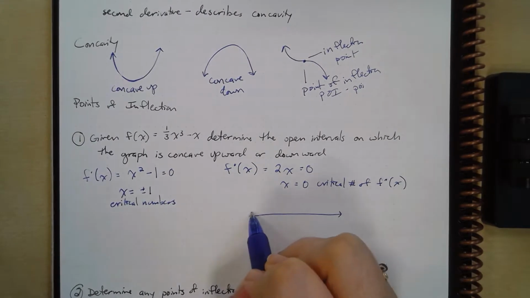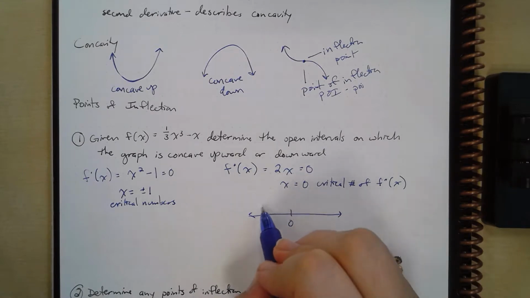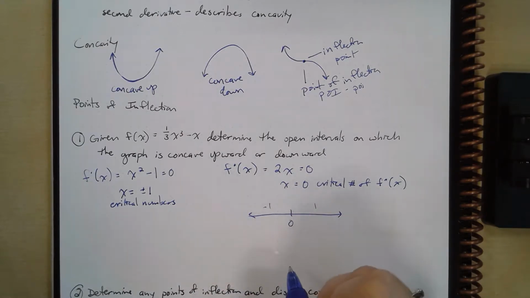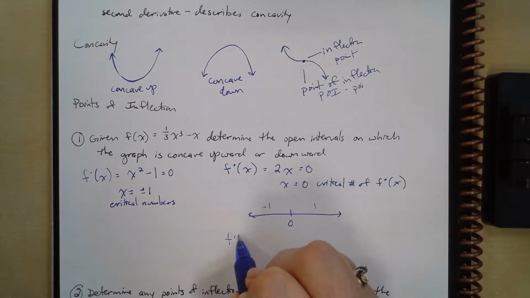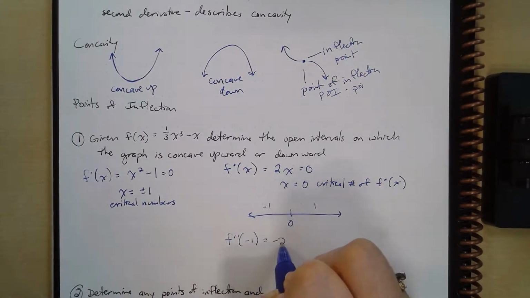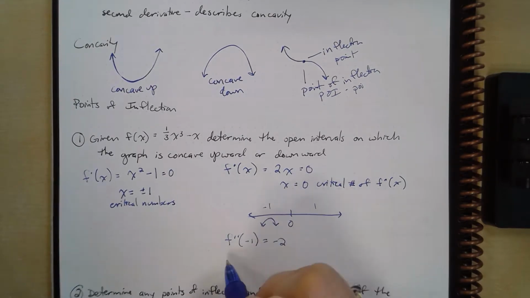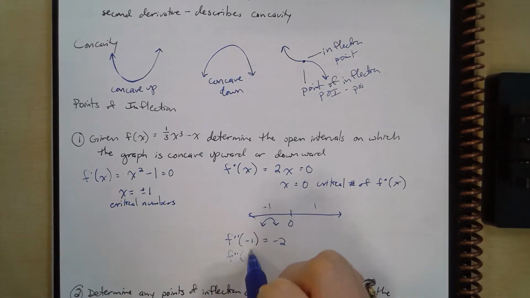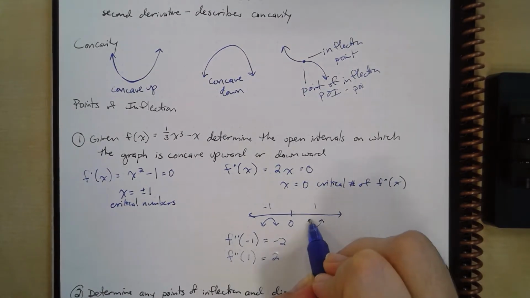I draw a number line, and I've got 0, and I'm going to test -1 and +1. f double prime of -1 is equal to -2, so that's going to be concave down. And f double prime of 1 is equal to 2, which is positive, so that's going to be concave up.